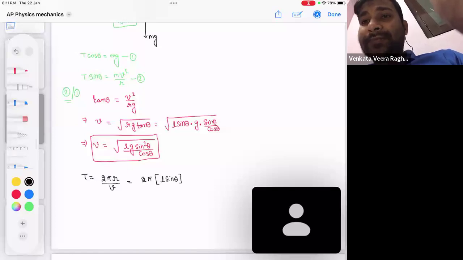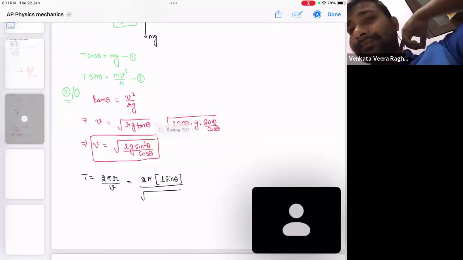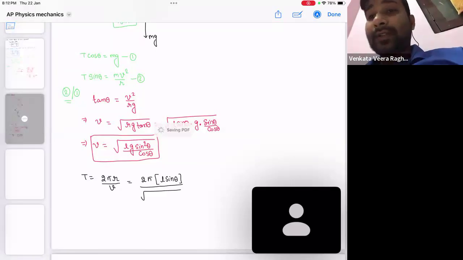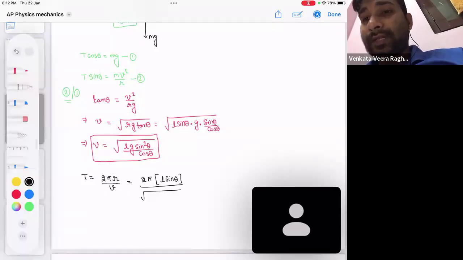And in place of velocity, what can we write? Under root of L g sine square theta by cos theta, right? Sine square theta is there. You can take it outside the root. It will become sine theta. So whatever is inside the root, keep it, and sine square theta, if you cancel it out, it will get cancelled out.